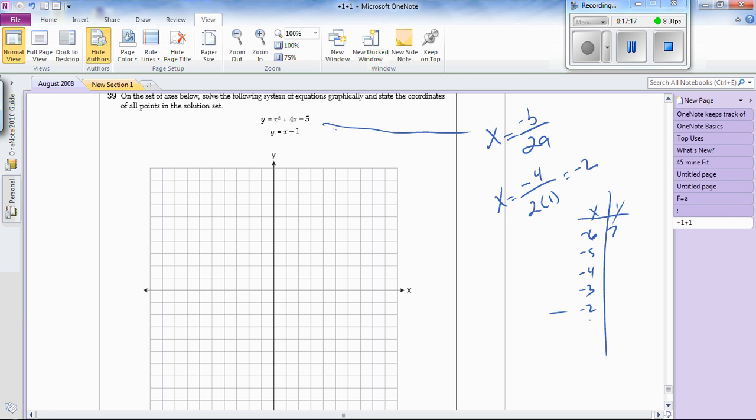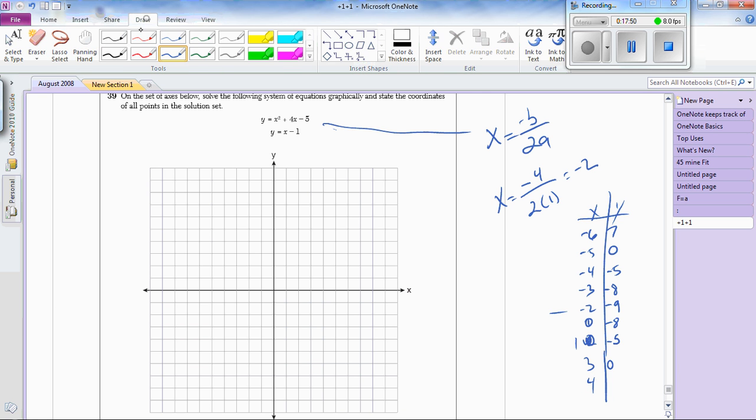This is where the vertex is. 1, 2, 3, 4. Negative 5 is 0. Negative 4 is negative 5. Negative 3 is negative 8. Negative 2 is negative 9. I forgot 0, 1. That's embarrassing.